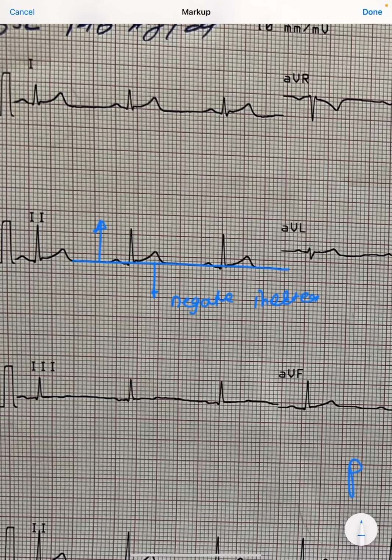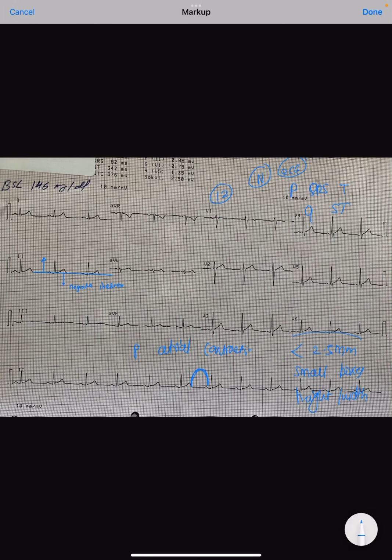So the P wave, as I told, should be less than 2.5 small boxes in height as well as in width. It can be negative in the right sided leads like AVR and V1, but apart from AVR and V1, it should be positive in all the other leads.